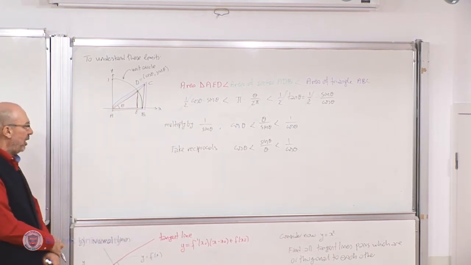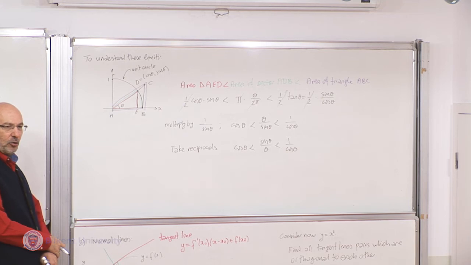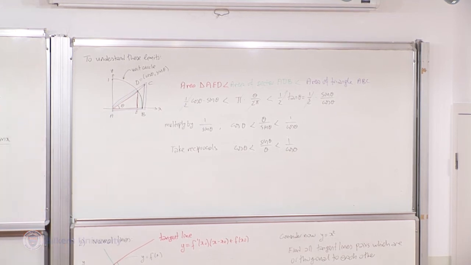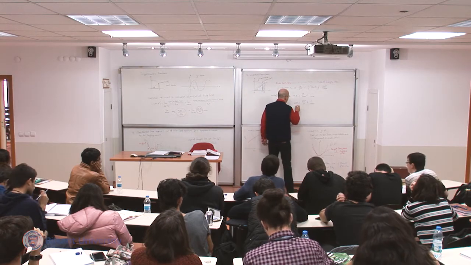Now cosine theta is a nice function. It is continuous. We did this continuity last week. So when theta goes to 0, cosine theta goes to cosine 0, which is 1. So I can take limits now.